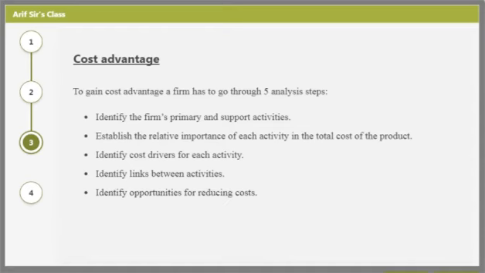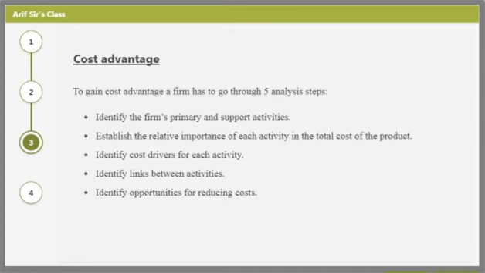But this requires an adequate knowledge of the company's operations, because the value chain activities, which we have already seen, are not organized in the same way as the company itself. So the person who wants to identify the firm's primary and support activities needs to have knowledge of the company's operations. So this was about the first step.